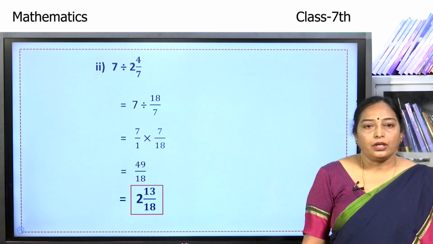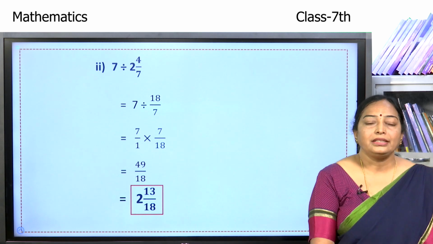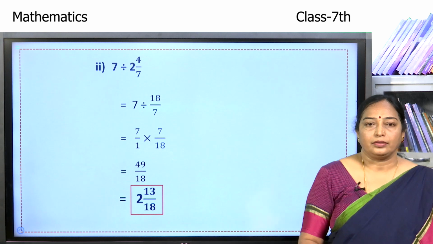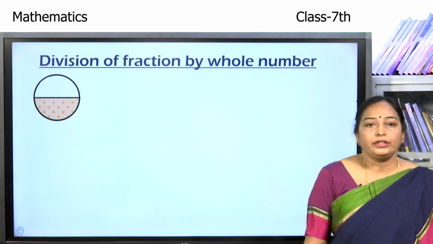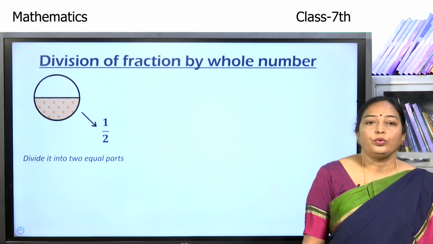Now, we understood how to divide a whole number by a fraction. Let us learn how to divide a fraction by a whole number. Consider a proper fraction. This figure shows 1/2. Divide this half part into 2 equal parts.